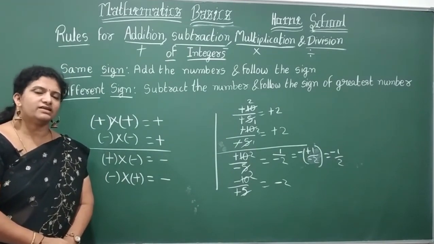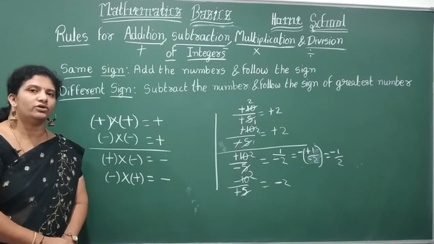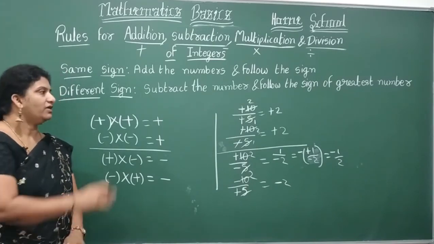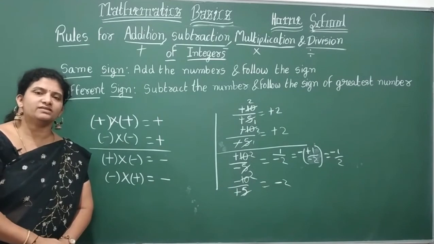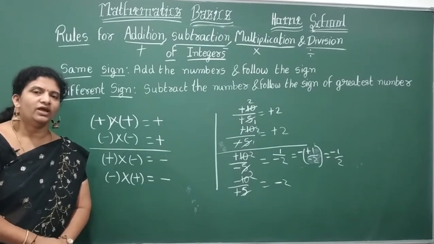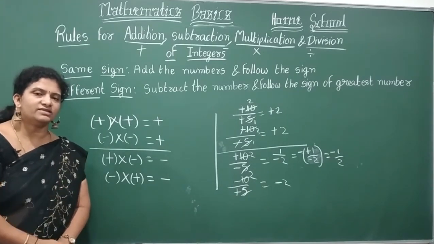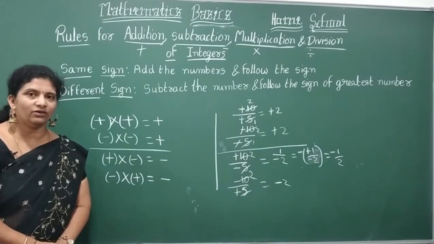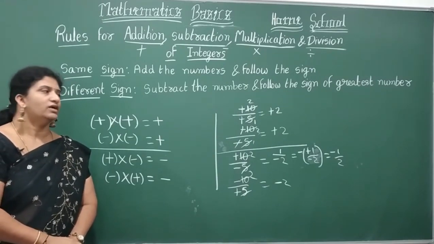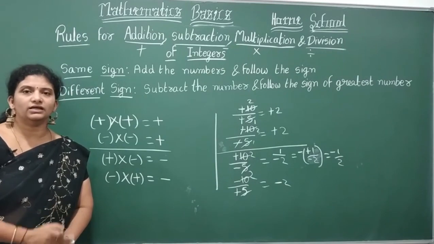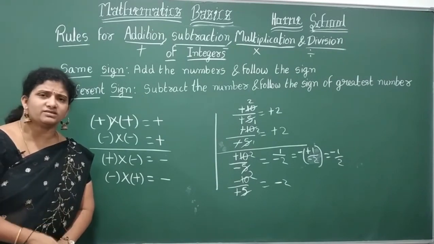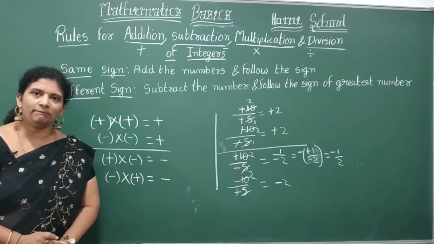If any one sign is different and you multiply, you are going to get a negative value. And if you divide with the same signs, you are going to get a positive value. If you divide with different signs, you are going to get a negative value. Okay, children, like this, try to learn and try to solve many examples, then you will be perfect.